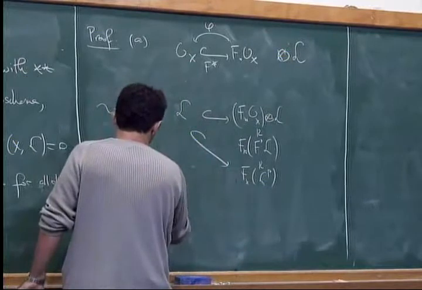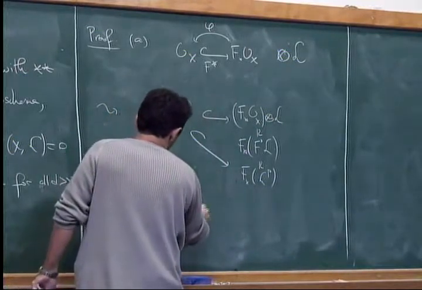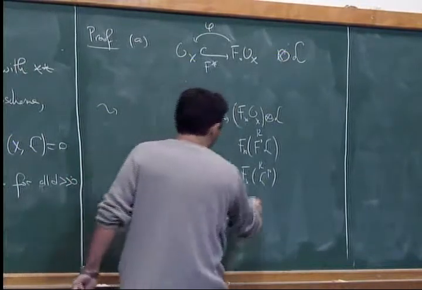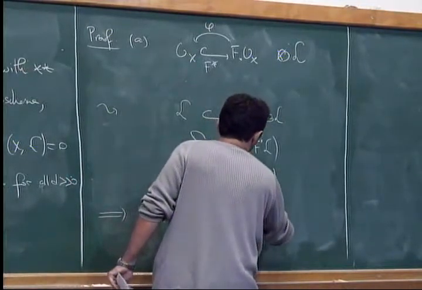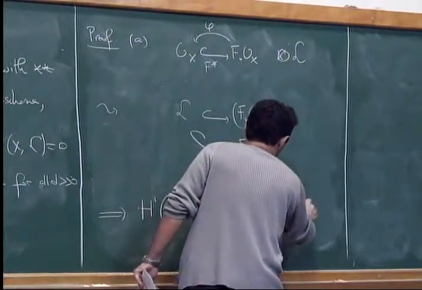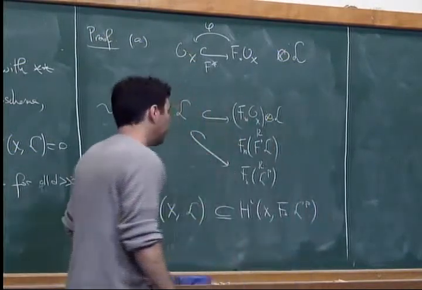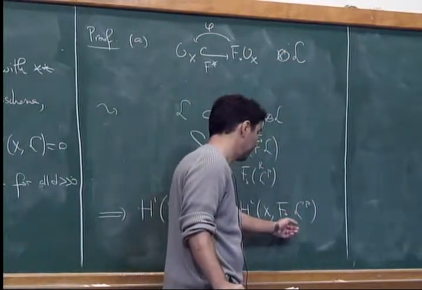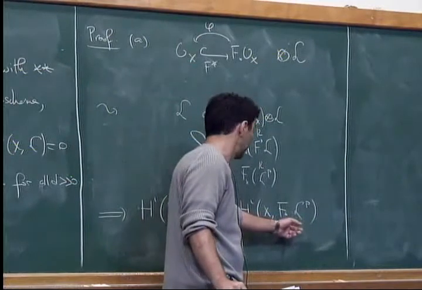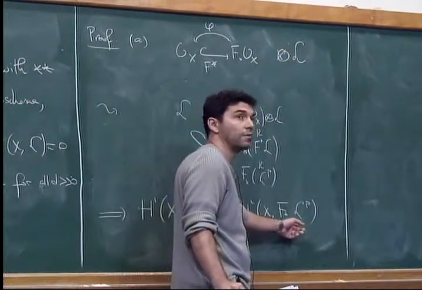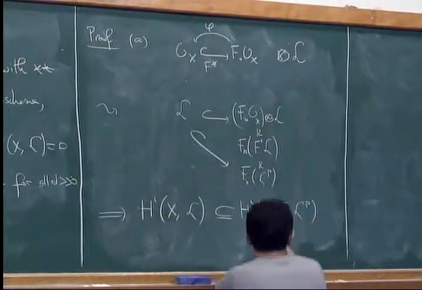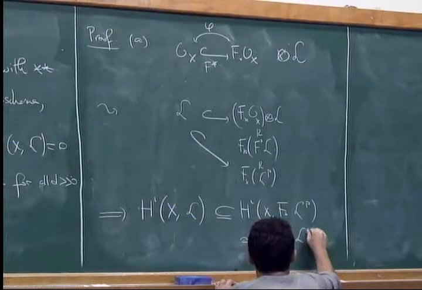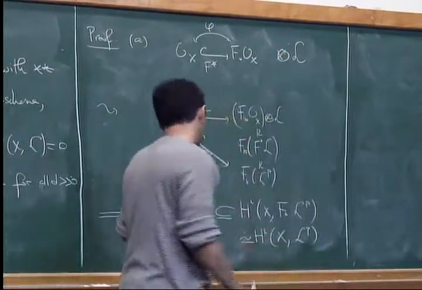In particular, the cohomology in degree I of L injects into the cohomology in degree I of the push forward of L to the power p. But the push forward of L to the power p is nothing but L to the power p as a sheaf of abelian groups. In particular, this is enough to compute the cohomology. So this is isomorphic to the cohomology in degree I of L to the power p.